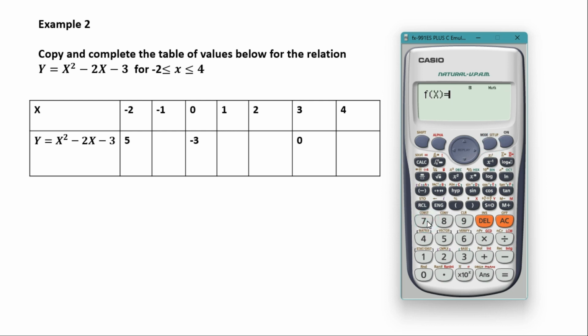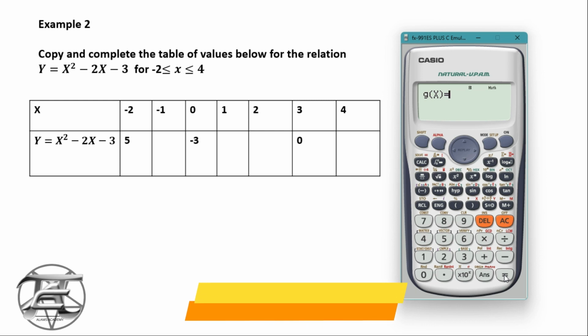That's the function. Now you key inside the function x squared minus 2x. You press the x by pressing alpha and then x. Now minus 3. You press the equal sign. Likewise, we have only one function f of x, g of x is not there, so I just press the equal sign.